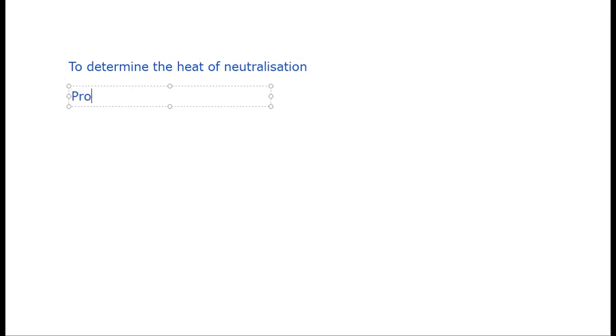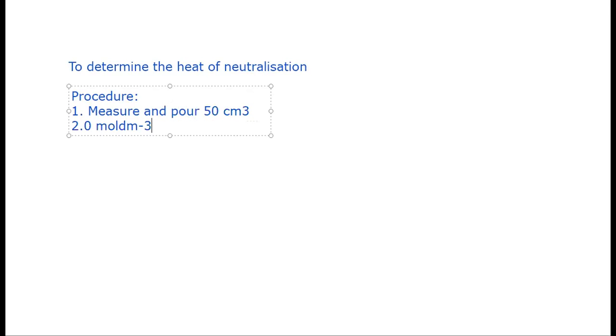Measure and pour 50 centimeter cube 0.5 mole per decimeter cube of hydrochloric acid into a polystyrene cup. Okay, measure and pour 50 centimeter cube. We follow the question, 2.0 mole per decimeter cube hydrochloric acid, is it?